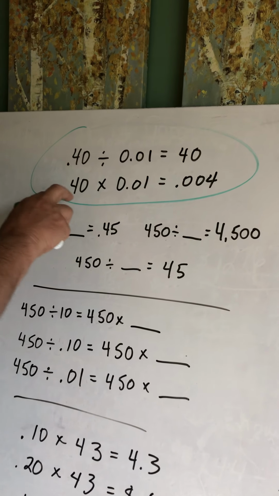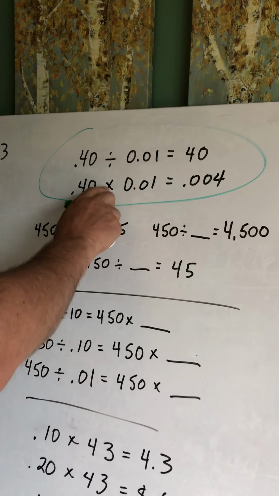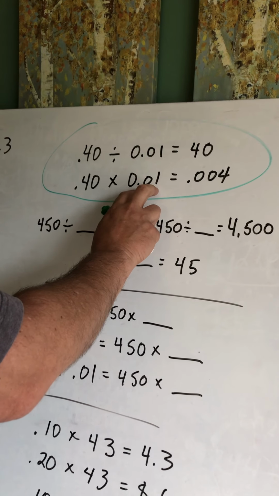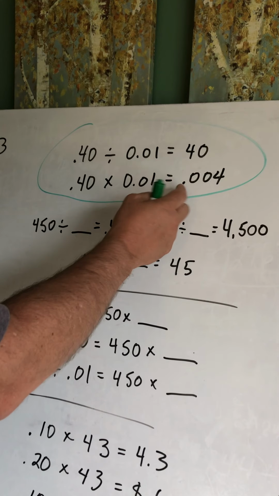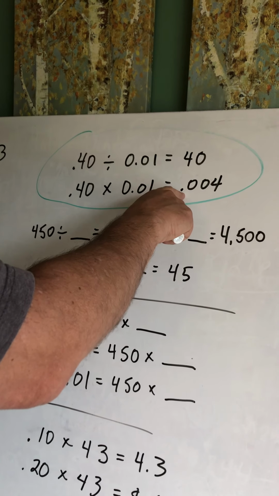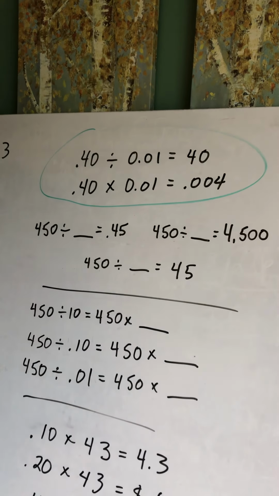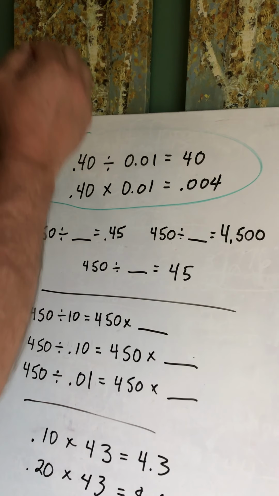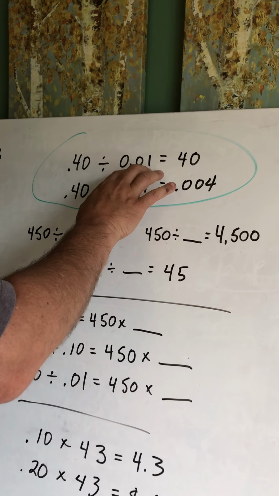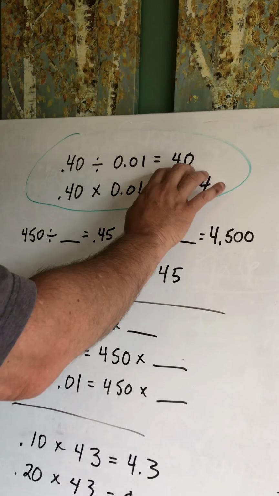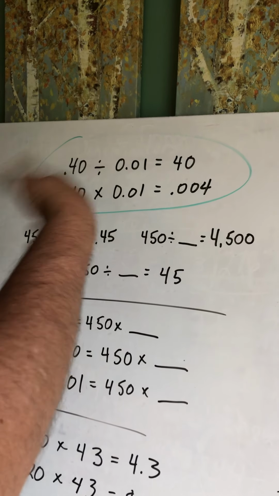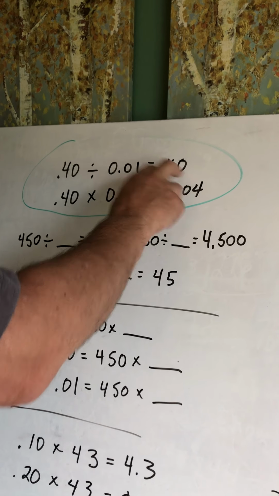Now that same candy bar, almost a half, times 1/100th, it's going to get really small. Those pieces are really small, and you have 0.004. So basically, when you're dividing by a number under 1, your number's going to get bigger because you're dividing it into a lot of pieces.